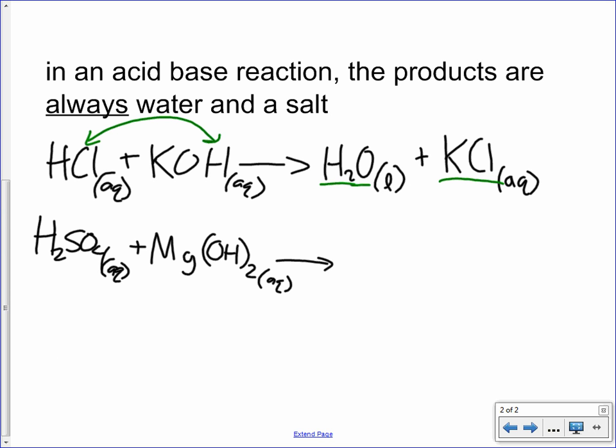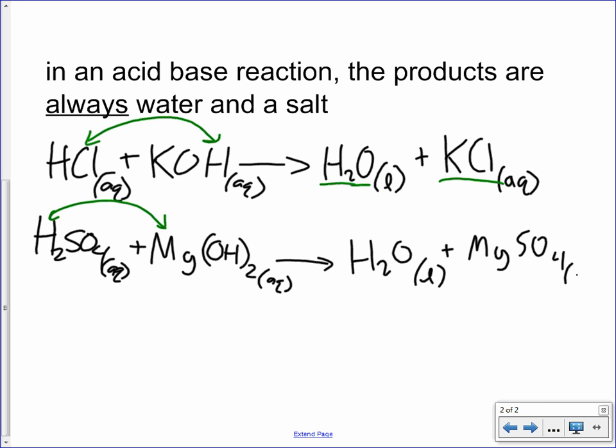Alright, when they react, we're going to switch the hydrogen with the magnesium. We're switching cations there, it's a double replacement. Okay, and you're going to get water, obviously. The H and the OH are going to be water, which is a liquid. And you're going to get a salt, which this time is going to be magnesium sulfate.